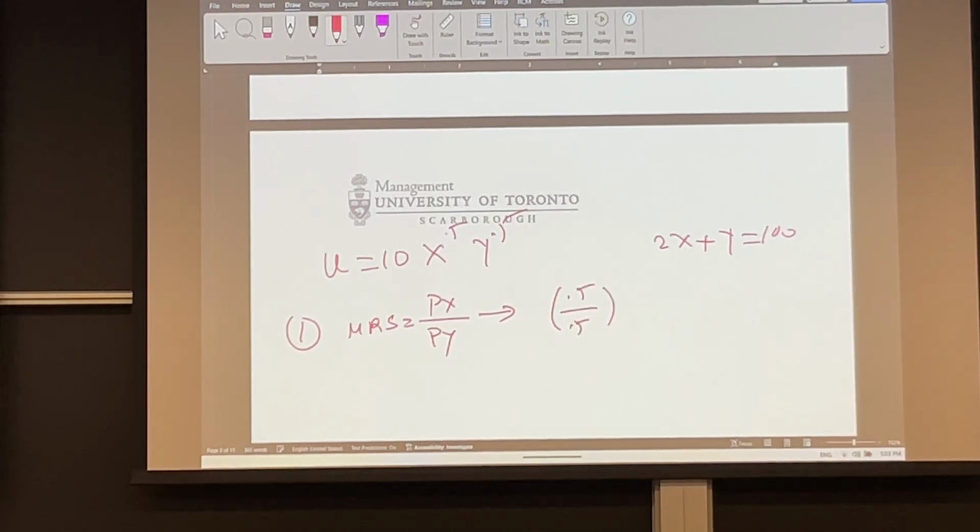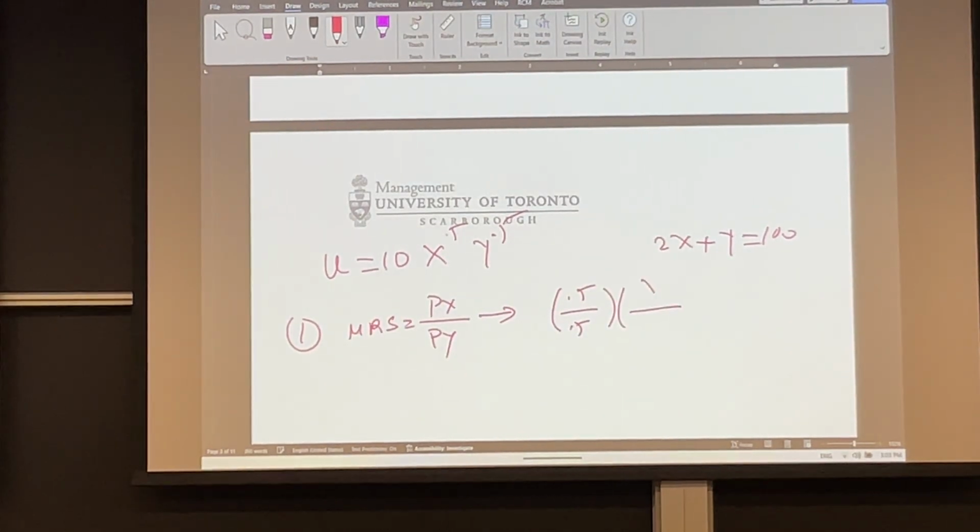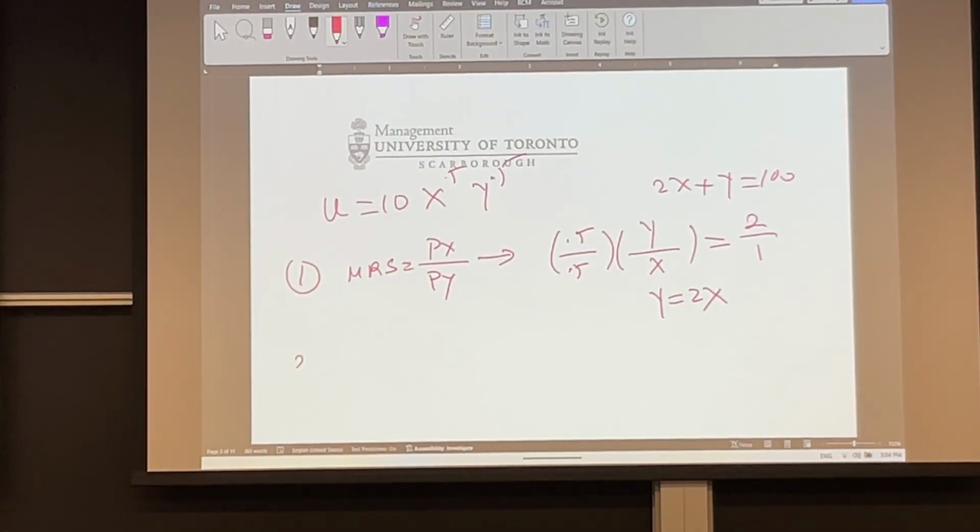Beta, the power of y. If you don't believe it, take derivatives. Divide them, you'll get that one. Right? That should be equal to how much? 2 divided by 1. That's the price ratio. Right? And solve for y. That's equation number 1 solved.